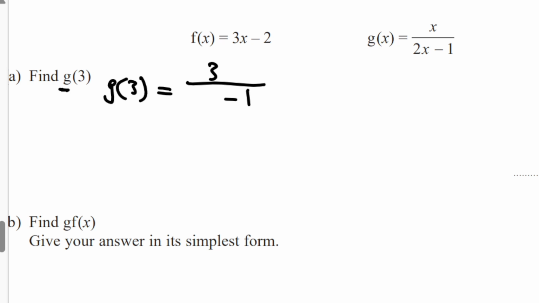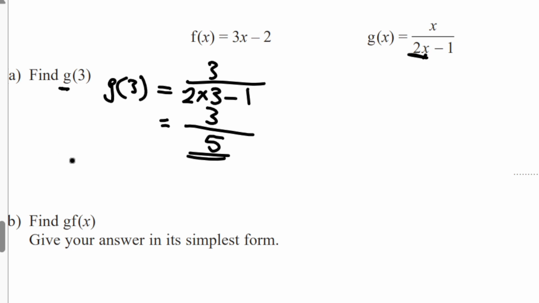No. 2x means 2 times x. So, when you replace the x by 3, you do 2 times 3. Do you get me? Now, that's equals to 3 divided by 2 times 3 is 6. 6 minus 1 is 5. That's your beautiful answer for this question.